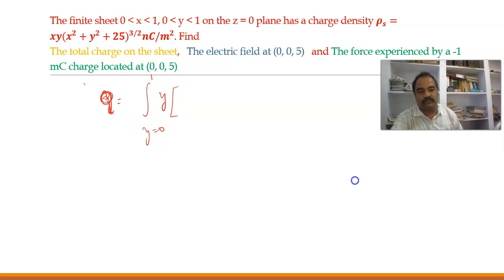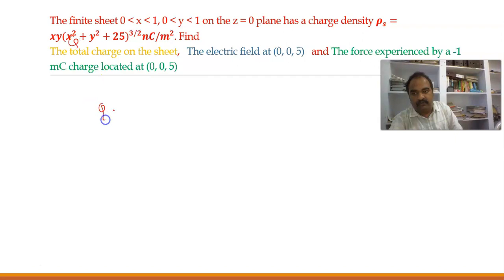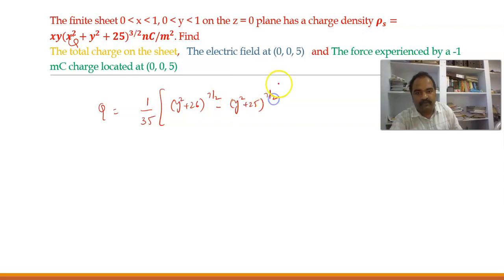So q is equal to 1 by 35 times y square plus 26 whole to the power of 7 by 2 minus y square plus 25 whole to the power of 7 by 2, from y is equal to 0 to y is equal to 1. If y is equal to 1, this will become 27 to the power of 7 by 2 minus 26 to the power of 7 by 2.